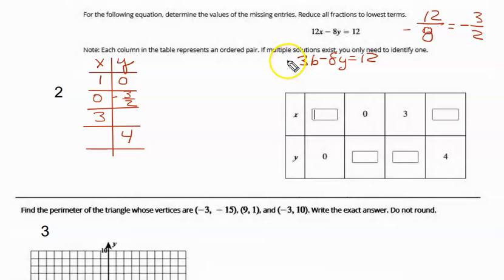Oh, this is actually a negative 36. So we're going to add, now you have to be careful, check your work, add 36 to both sides. We get a negative 8y equals 48. Then divide both sides by a negative 8. And we get y for this one equals a negative 6.